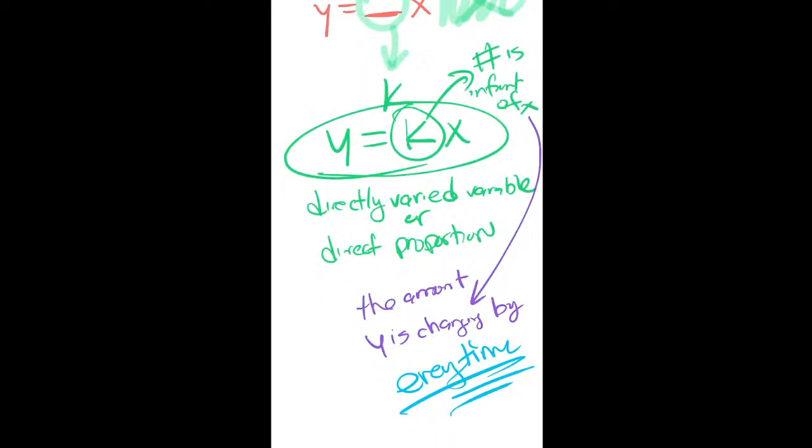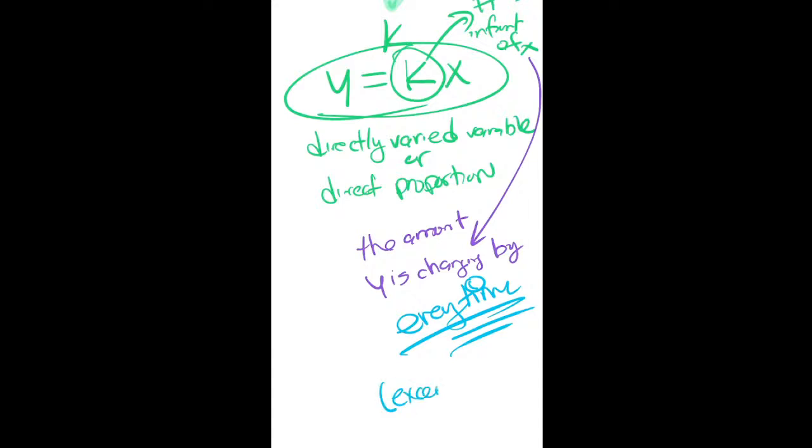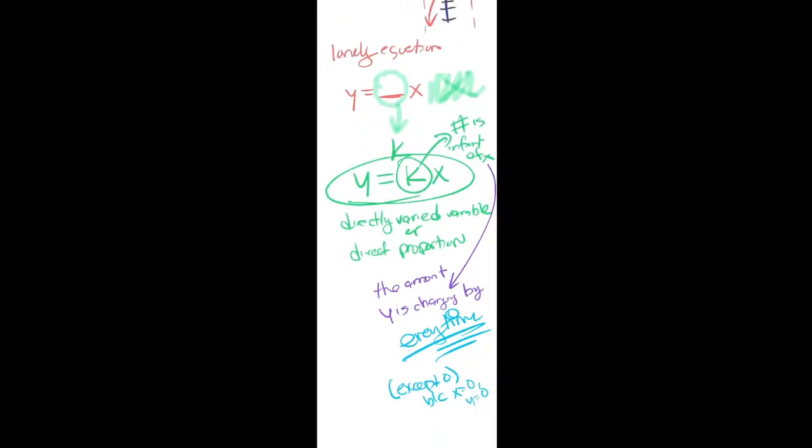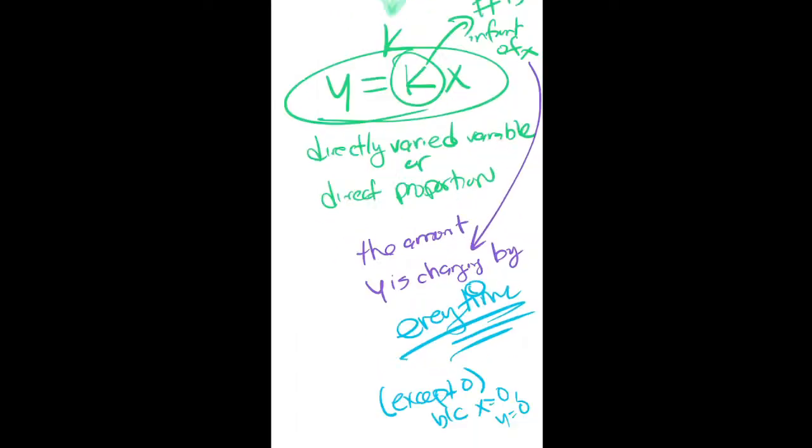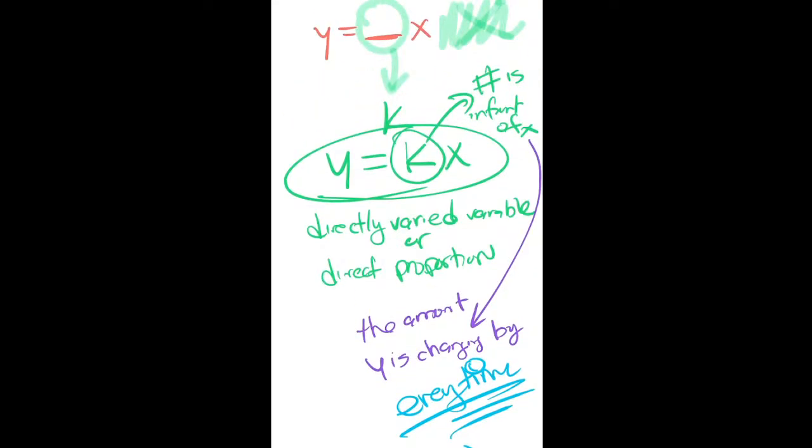Okay, except 0, because when x equals 0, y equals 0. All right, that should be a pretty good summary there.